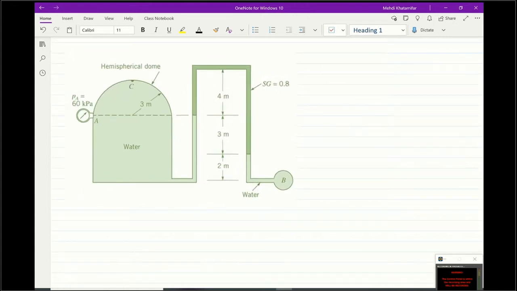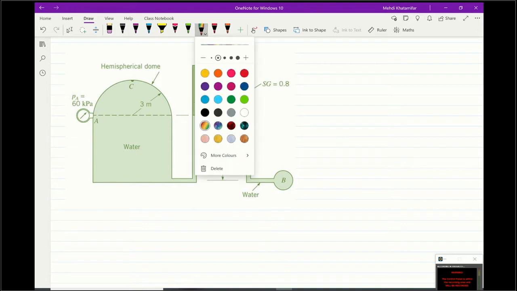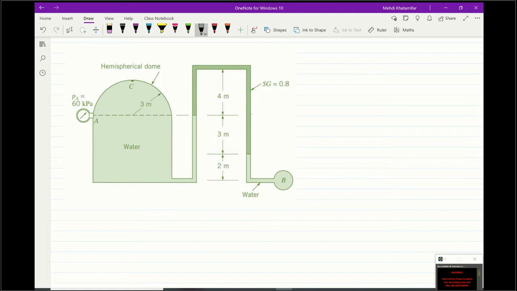Okay, this is our drawing. Let's simplify it. Let's first find the important heights.